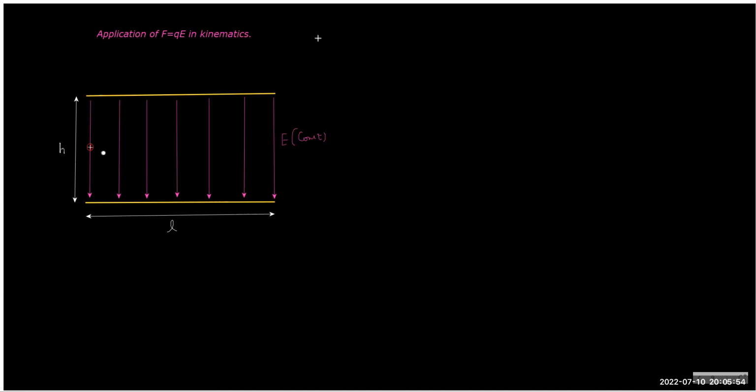So we have a positive charged particle having charge q and mass small m projected horizontally like this. And the height is h by 2.